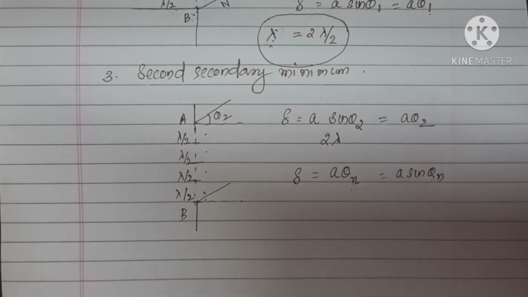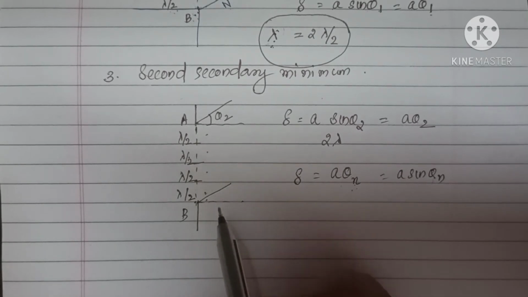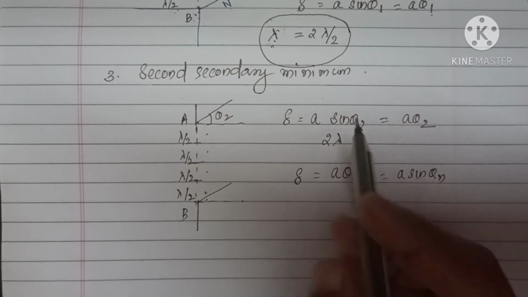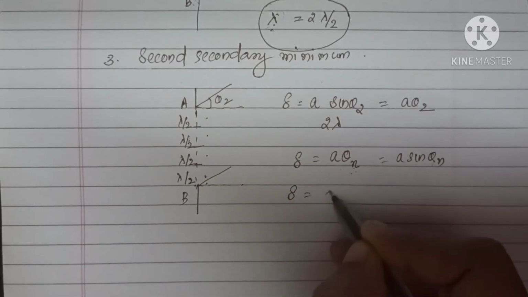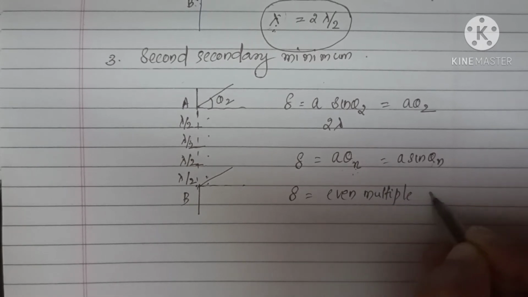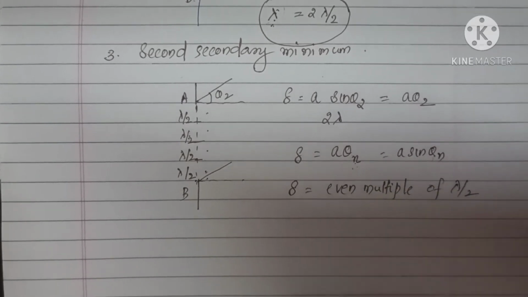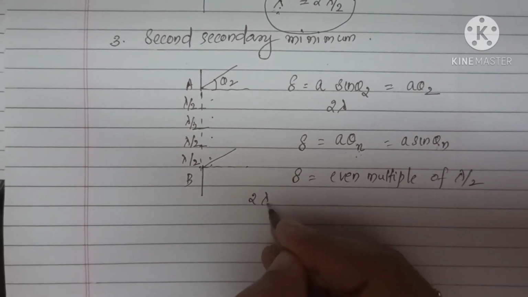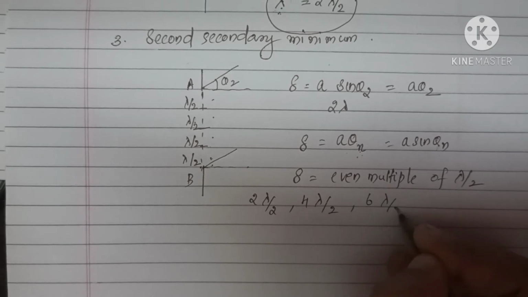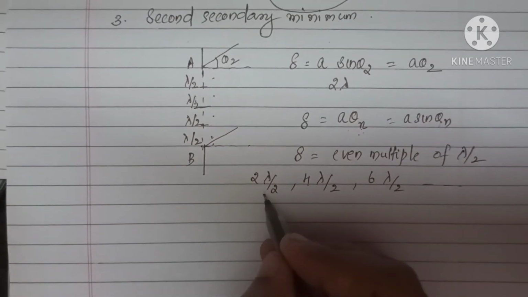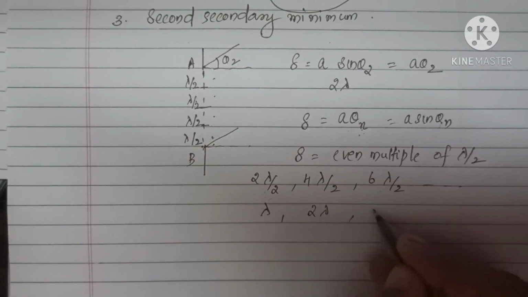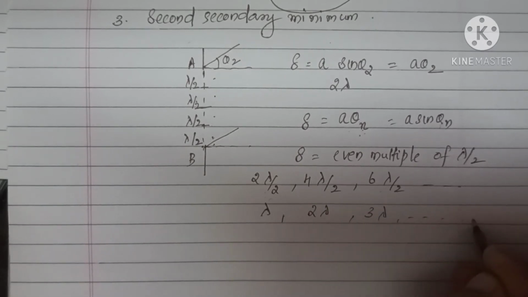That means it can be generalized: for the minima, the path difference delta must be an even multiple of lambda by 2. That means 2 lambda by 2, 4 lambda by 2, 6 lambda by 2, etc. That is why in the first case we got lambda, then we took 2 lambda, then 3 lambda, like that it goes.